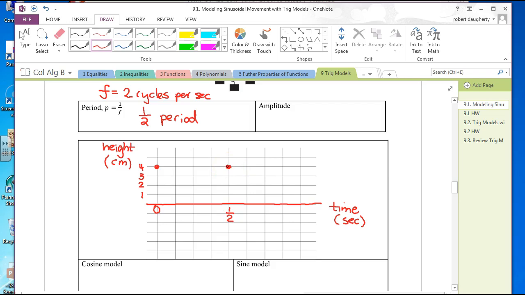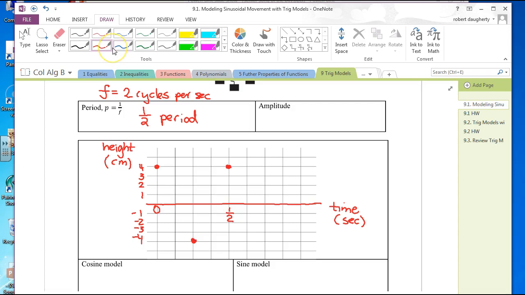And then halfway in between here, where do you think it's going to be? It's going to be here. Okay. So when I raise it up, it's resting right here, and it's going to go down below the resting point, okay? So it's going to keep doing this same motion over time.